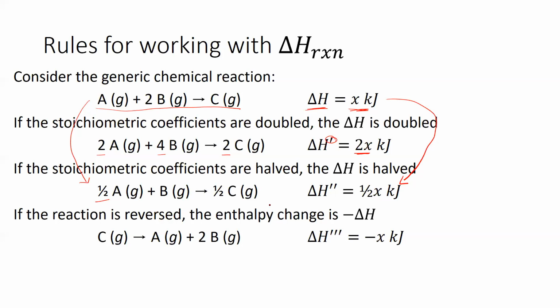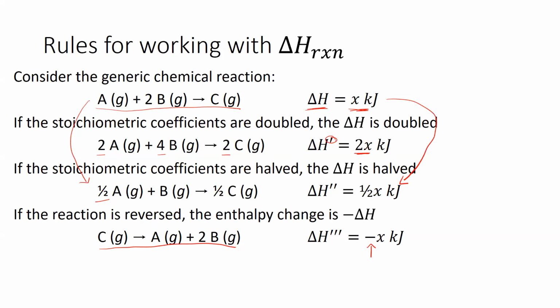Okay. The other one that we talked about here is if you just cause the reaction to be reversed, right, it causes the sign to change for the enthalpy of that reaction. Now, in doing these types of problems and figuring out the overall enthalpy change or heat associated with a reaction, you might have to do more than one of these at the same time. But these are the basic rules for it, right?